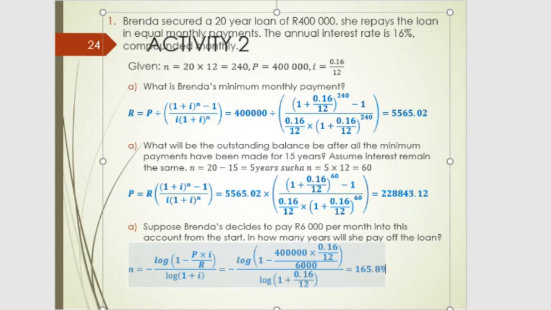Then divide this by 12. I'm getting 13.8, 13 years, 8 months. That will take if you decide to pay 6,000. It means it's got a bit of difference.